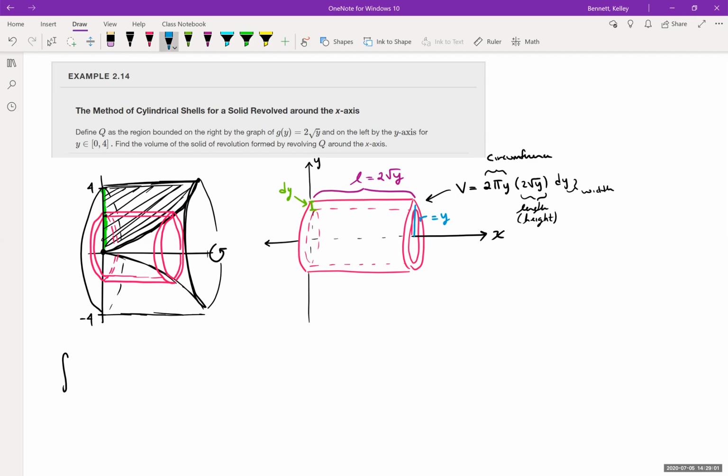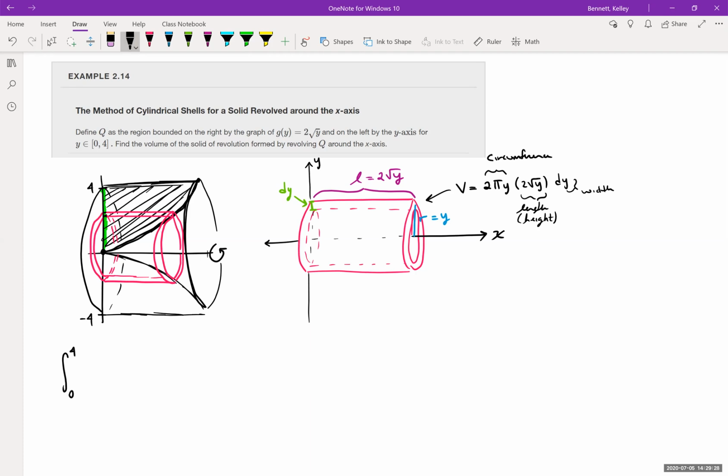You're going to have a little cylinder here that looks like this when your y is small. As we get larger, the cylinders become larger. So you can think about that as going up the y-axis here. We start at 0, we go to 4.